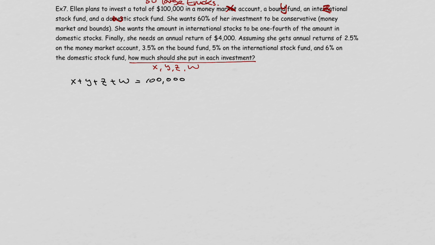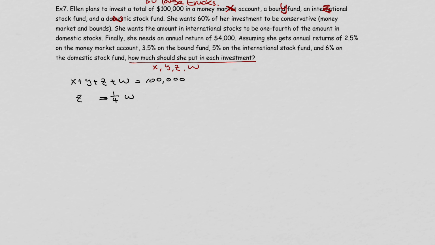So Z versus W. Z equals to W. And then you wanted to have Z, international stock, to be one-fourth of the amount in the domestic, right? So you're going to multiply W by one-fourth to equal international Z, right? So that's another equation. So 2. What other information do we have?